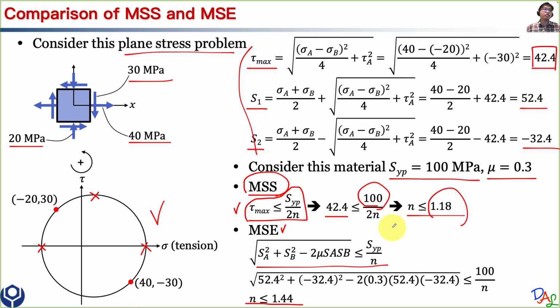However, when we choose the maximum strain energy model, we could have greater safety because we think we are actually safer when we are less conservative. Okay, this is how those numbers are represented.